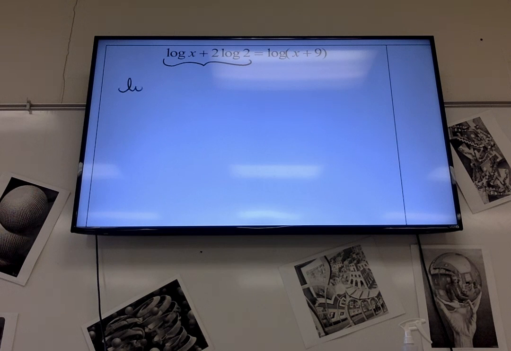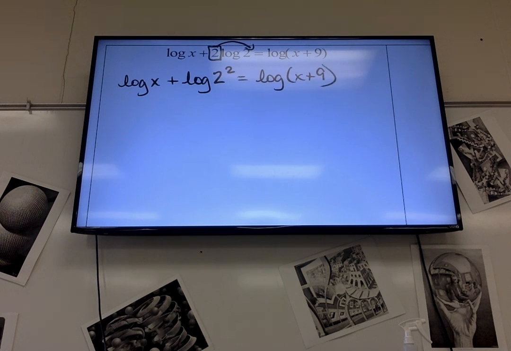So I can rewrite that as 1 log. Oh, wait. I should have done this 2 first. That's a power. So it's log of x plus log of 2 squared, which you can go ahead and write as 4. Over here, I really can't do anything with it because they're added, not multiplied.